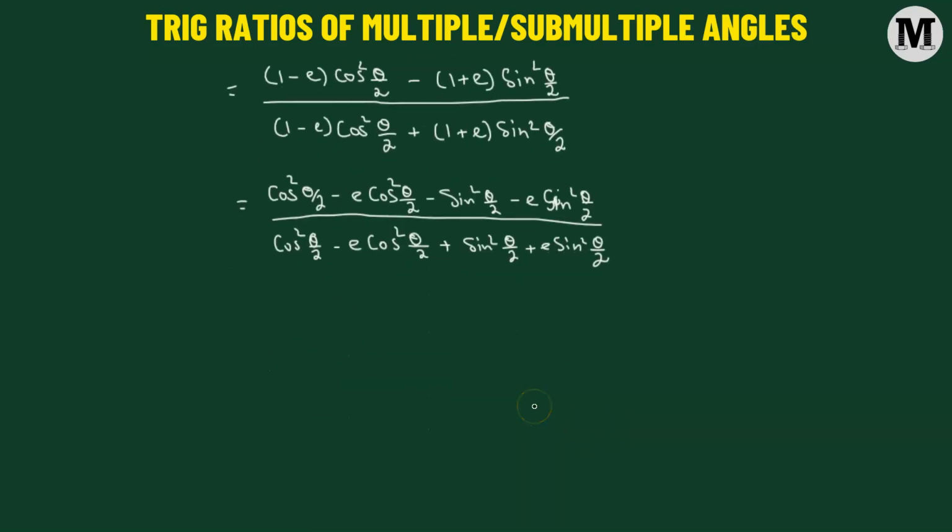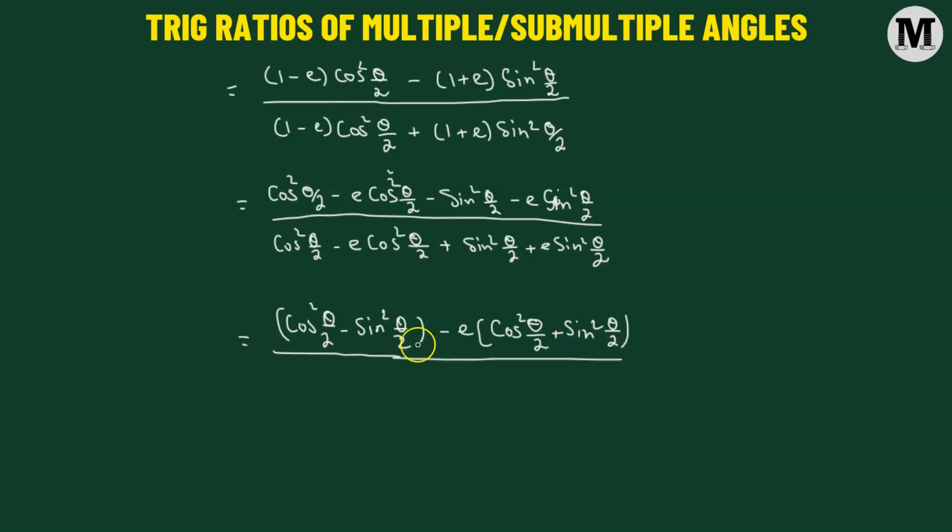Fine. Now, we have cosine squared theta over 2 minus sine squared theta over 2. So this is going to be one single term, and then we're going to combine the second and the fourth term. We'll take negative e as the common factor. We have negative e multiplied to (cosine squared theta over 2 plus sine squared theta over 2), whole divided by, we have cosine squared theta over 2 added to sine squared theta over 2.